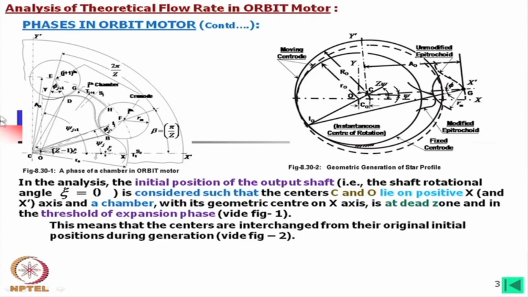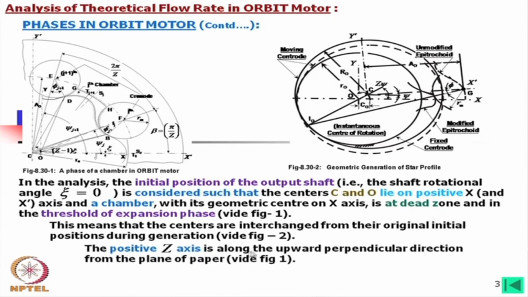Whereas, when we have started operations, we have just interchanged the centers. This means that while we consider the geometry for the envelope, we have to take care of these transformations. Okay.